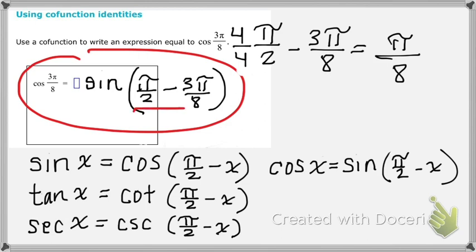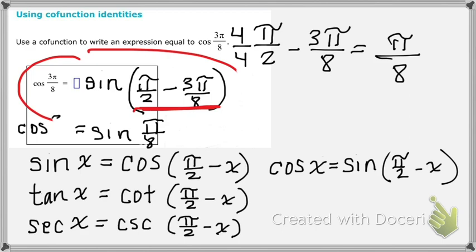And I have evaluated this subtraction here. So we've got our answer that we would be able to key in here, that the cosecant of 3 pi over 8 is equal to the sine of pi over 8. So that's that.